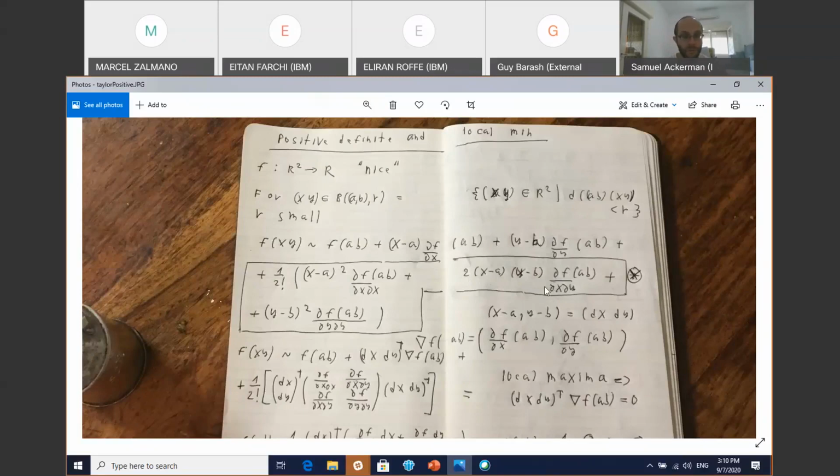It's the same thing. And then y minus b squared, the second partial derivative of f by y. And this is a good approximation if R is small enough, in a ball around (a, b) of radius R. Is that clear up to now?